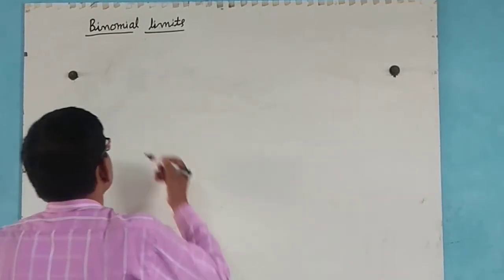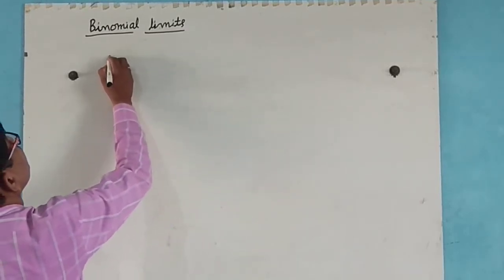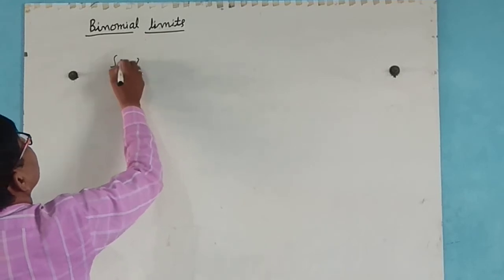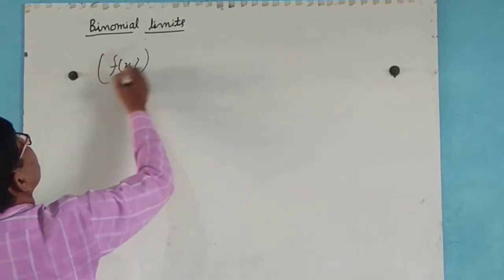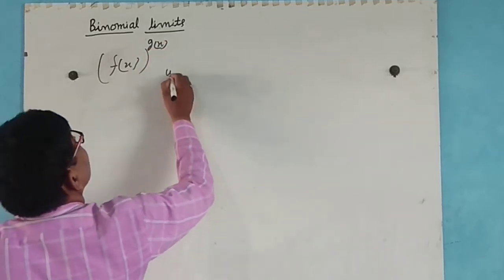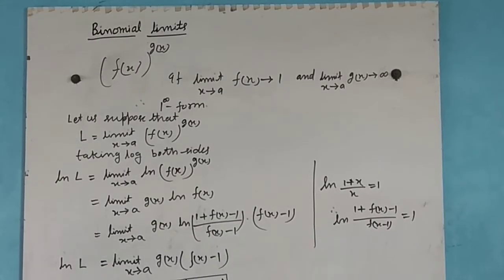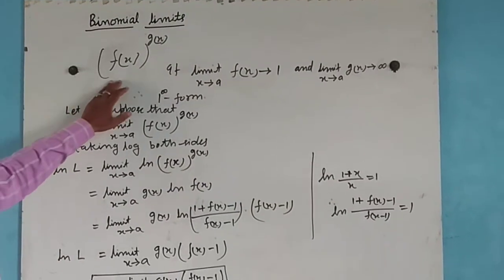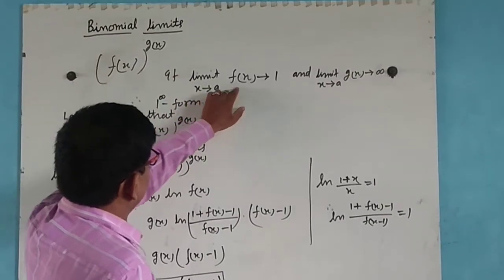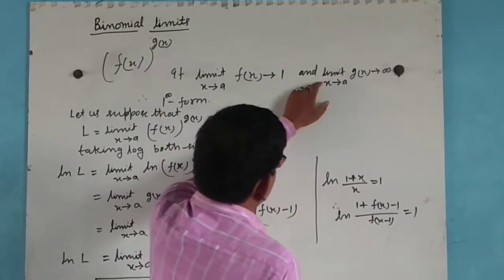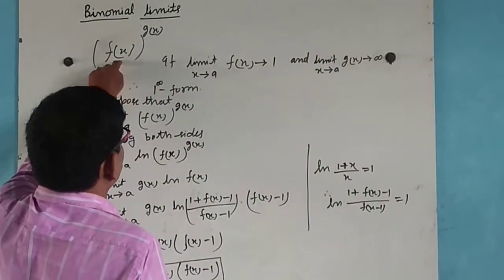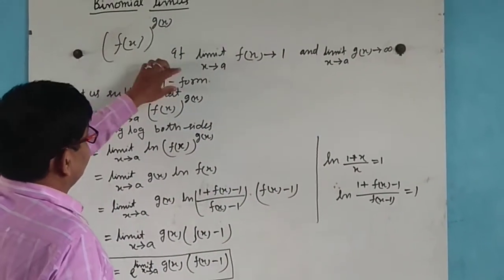Now, f(x) to the power g(x), if limit x tends to a f(x) is equal to 1 and limit x tends to a g(x) is equal to infinity, therefore it is the form 1 to the power infinity.